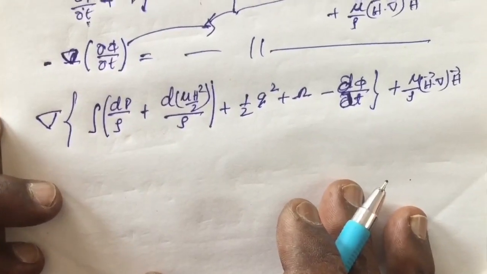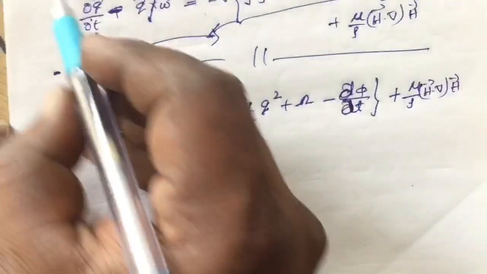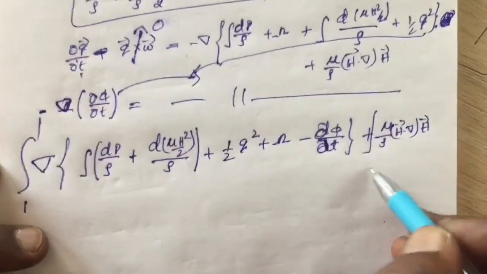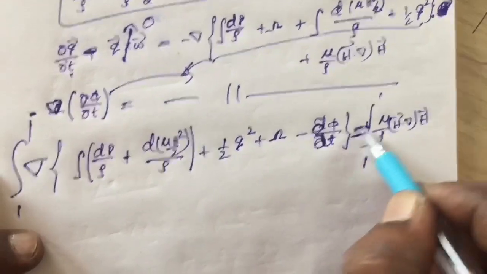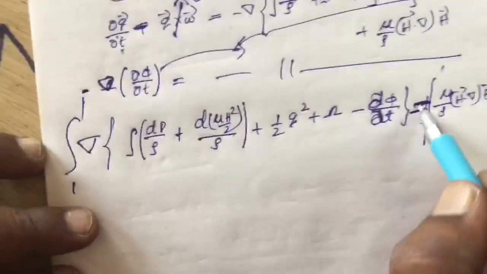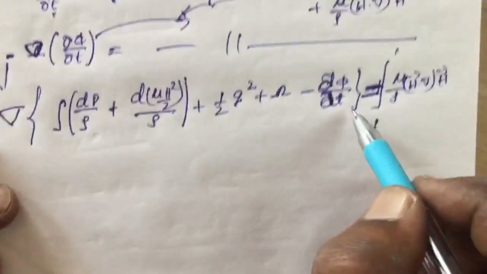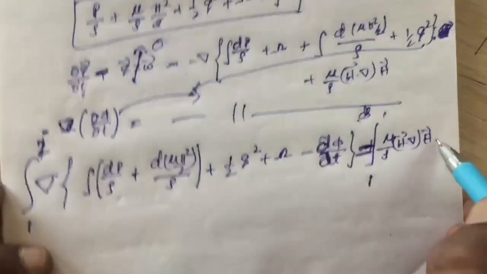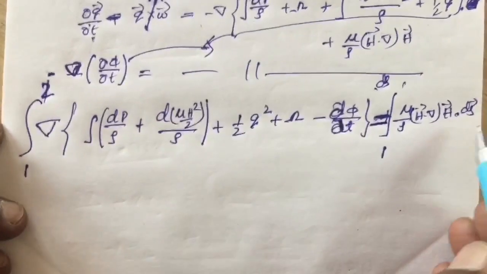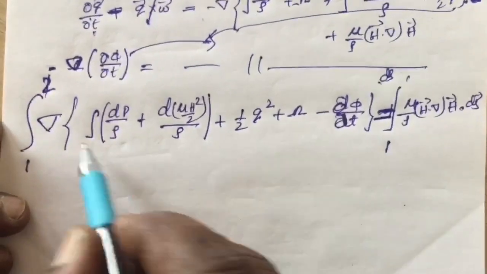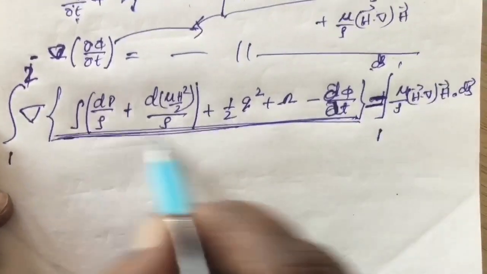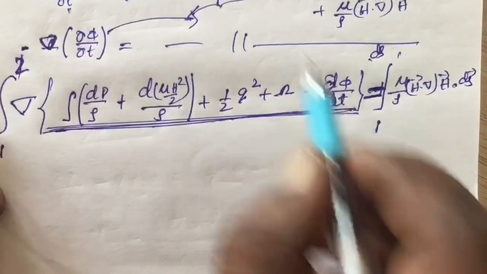Upon integration between the points 1 and 2, this is equal to, not plus, because I have taken those terms to this side, integration from 1 to 2 of this dot ds. Here again this term can be written as the total derivative of some f, because I explained how to write this term.